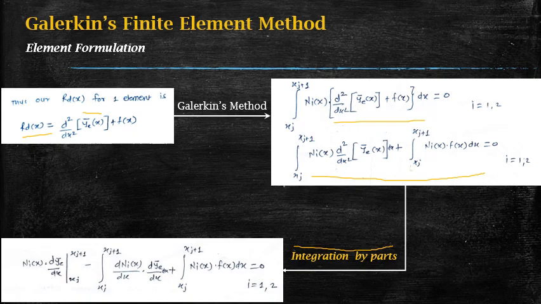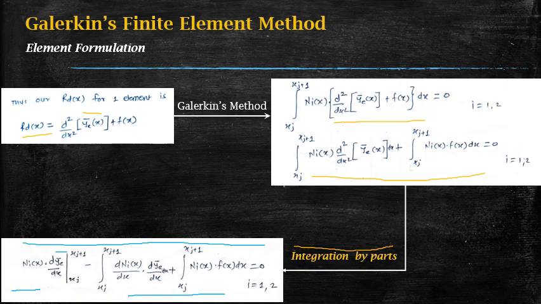After applying integration by parts, you know how to apply integration by parts. You can verify, we obtain this equation. This is the equation which is obtained by applying integration by parts. Now one thing you can clearly see here, that by applying integration by parts, the continuity demand on the field variable has been reduced.